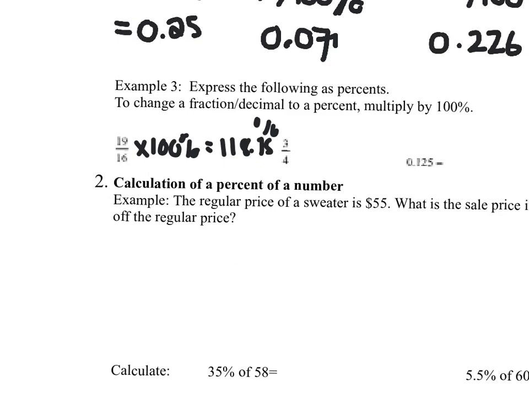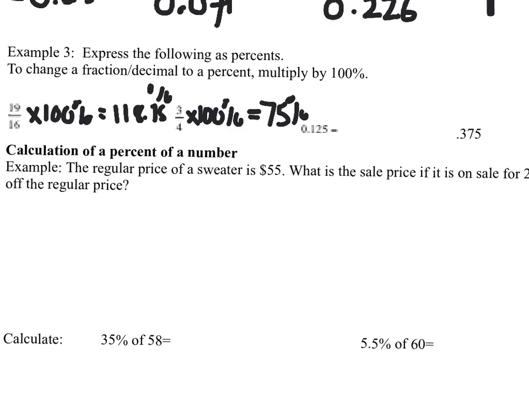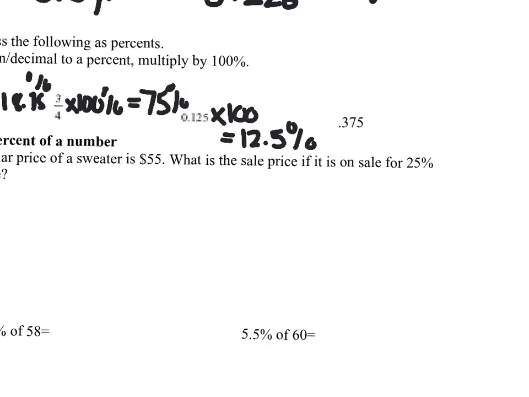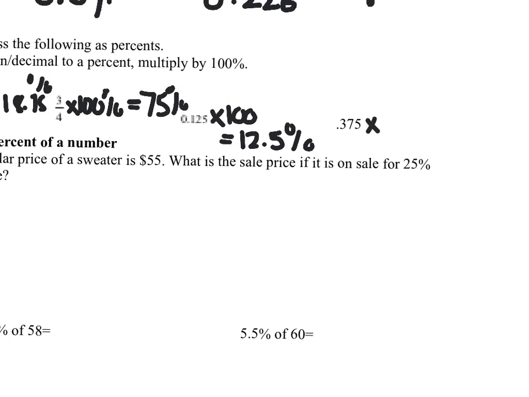3/4, again, same, divide, then multiply by 100%. You get 75%. Sometimes you could be given it in a decimal form, so all you have to do is multiply the decimal by 100%. And that will give you 12.5. And again, another example, if it's in a decimal, just multiply it by 100%.